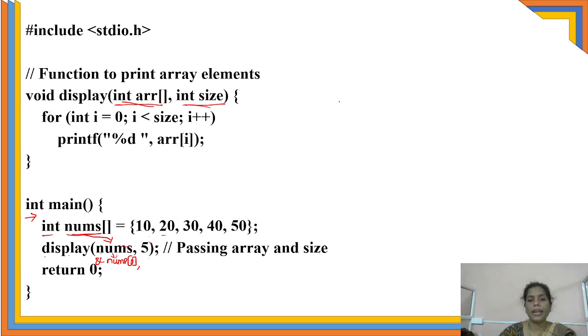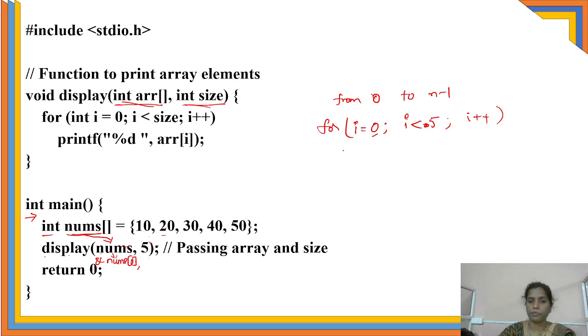You know how to print array elements. Array index starts from 0, right? From 0 to n minus 1. You need to write a for loop. For i equals 0, i less than 5, i plus plus. It starts from 0, right?